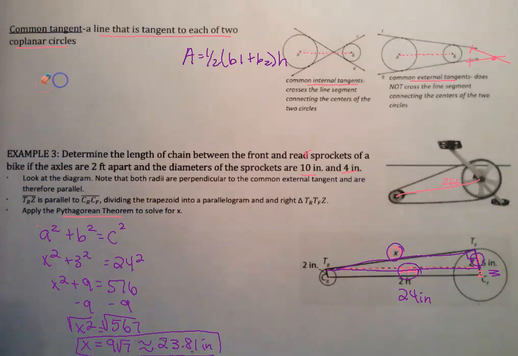Okay, so what would we plug into this one? But that's going to give us the area. 3 and 2. Okay, time out. So this would give us the area though, right? Do we want to find the area?